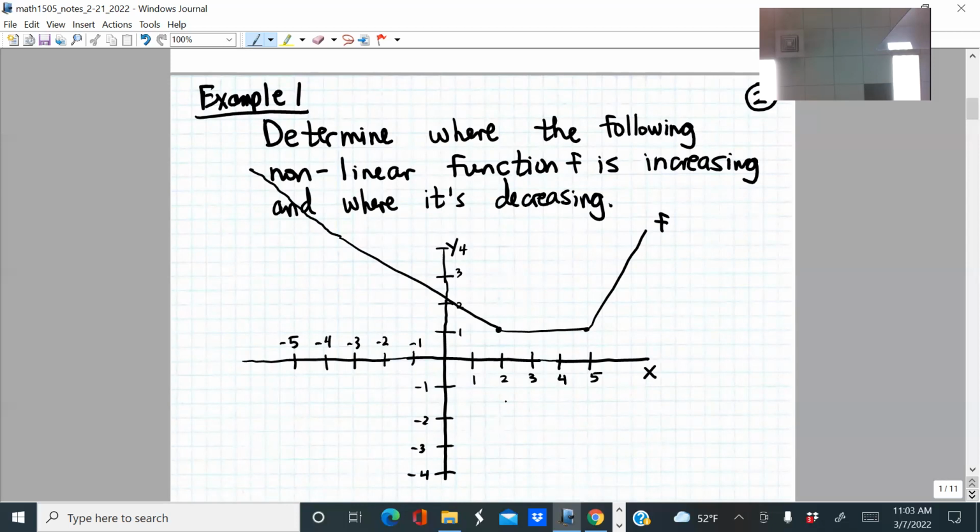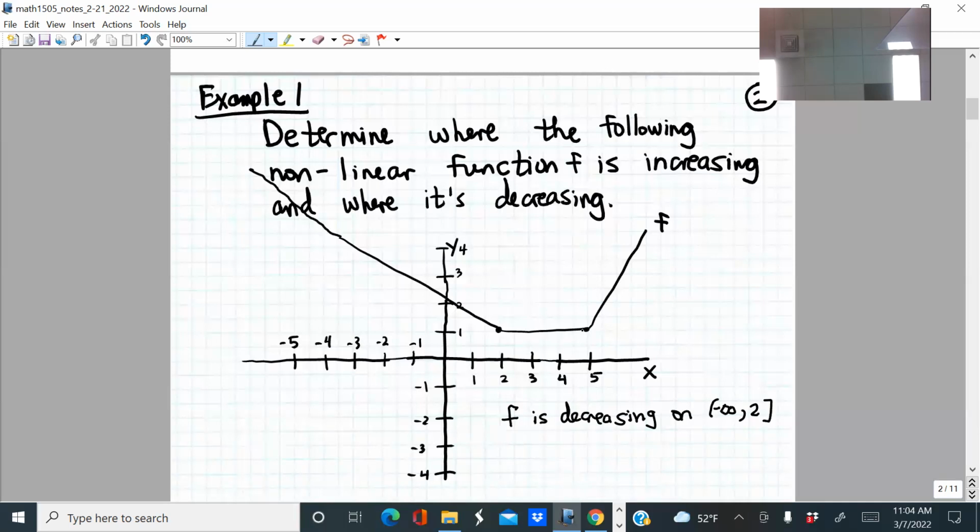So this function f at first is decreasing. We would say f is decreasing on, or you can say over is also appropriate. And let's see, what's that interval? Starts at minus infinity, I think, right? And goes up to, where does it stop decreasing? 2, exactly.